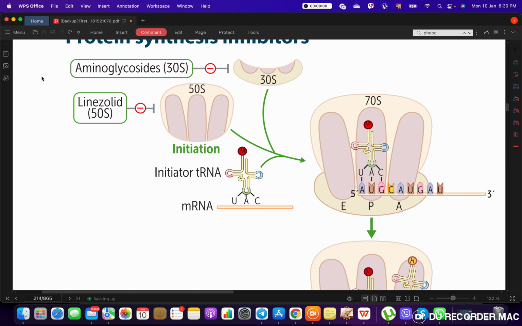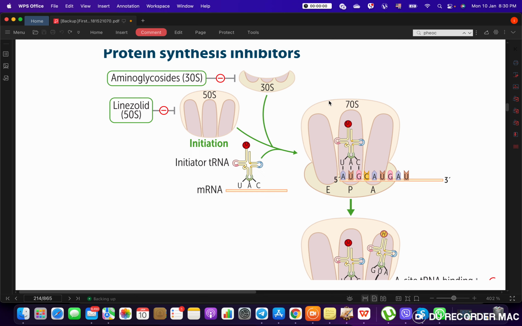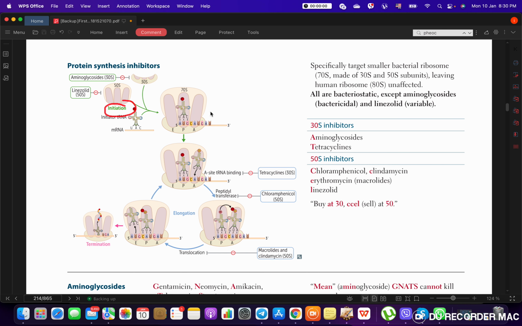So linezolid binds to the 50S subunit. Aminoglycoside is one from the AT30, so that works at the 30S subunit. And they both work at something called the initiation process, okay? So for the sake of doing the translation process, there are 3 steps we have to take.